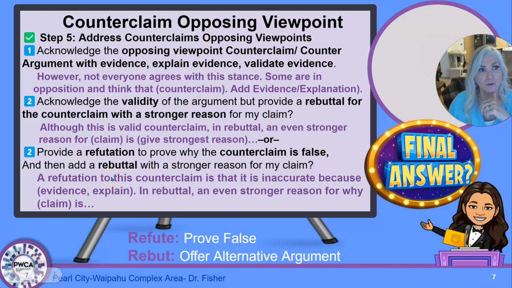Now we're not going to call these body paragraphs, we're actually going to call them sections, right? So you have your claim reason 1 section, claim reason 2 section, counterclaim section, then your claim reason 3 section. And the reason why we're calling them sections and not paragraphs is I don't want you to have this idea in your head that you can't put in 2 paragraphs if you need 2 paragraphs.